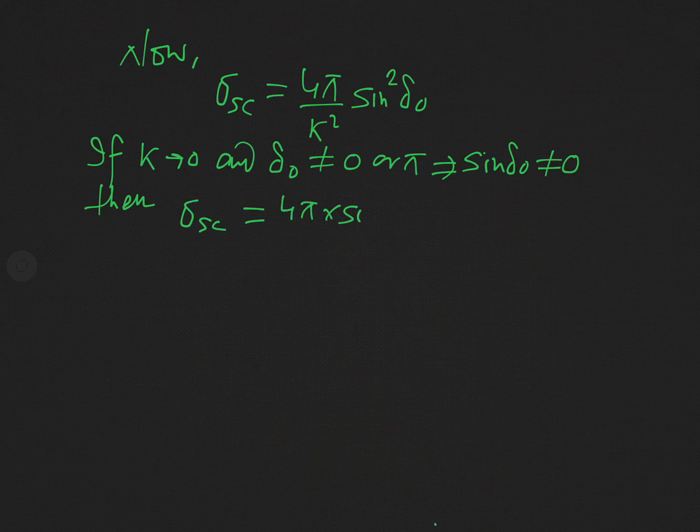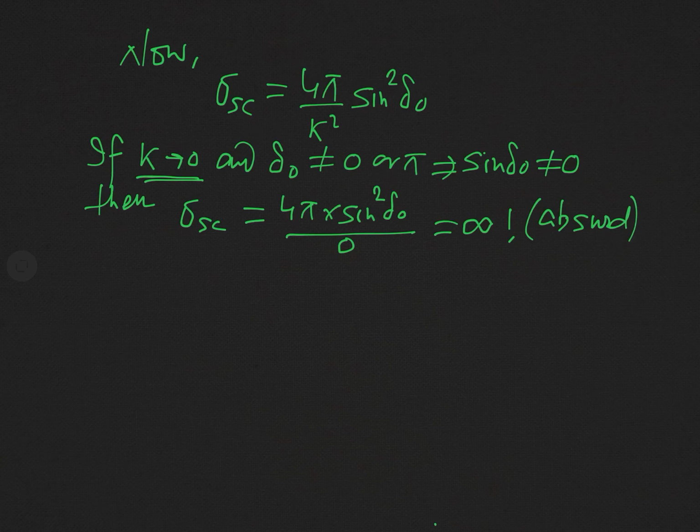You can see from this result. This will be actually 4 pi into sine square delta naught, and this sine square delta naught will be a non-zero number, and divided by 0. Divided by 0 because we are considering that k is tending towards 0, and so the result will be infinite, and this infinite result is completely absurd, as the total scattering cross section can never be infinite.